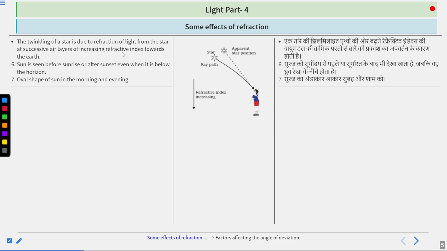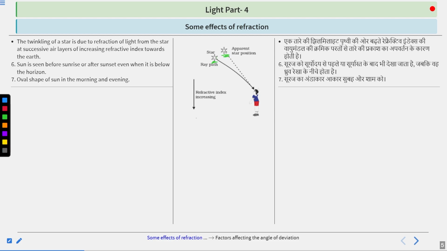Oval shape of sun in the morning and evening. In the morning and evening, you will find that the sun's shape is not as usual. It is oval or bulged like this one. It is also because of the refraction. Here you can say this is the star actually, and you will see the star here.